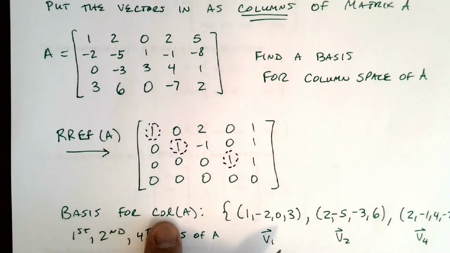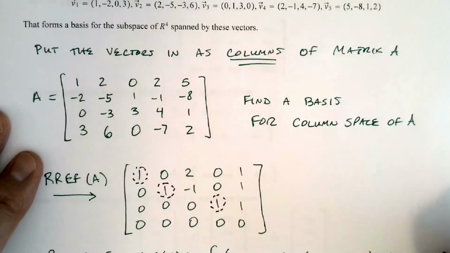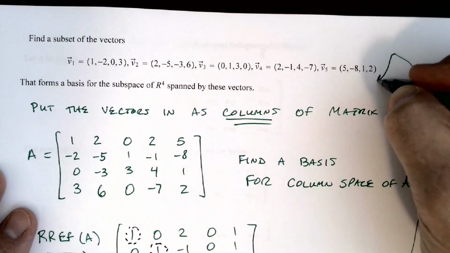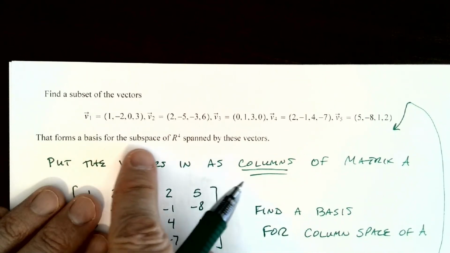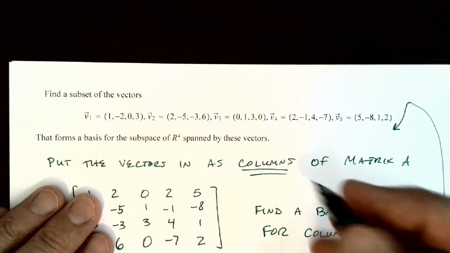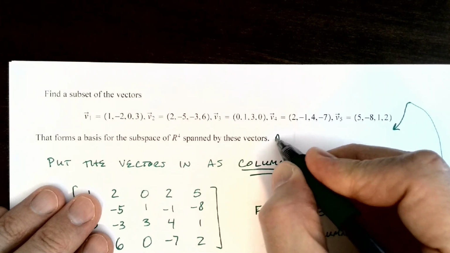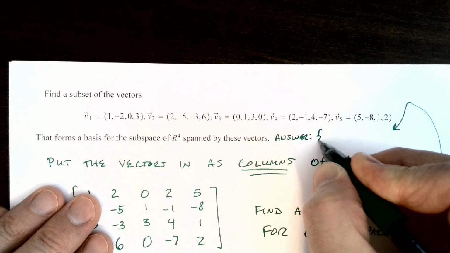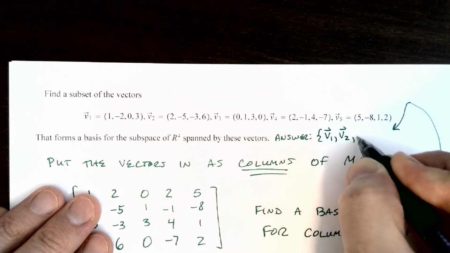So since a basis for the column space of A can consist of these 3 vectors, then the answer to our question up here, find a subset of these vectors that forms a basis for the subspace of 4 space spanned by these vectors, is V1, V2, and V4.